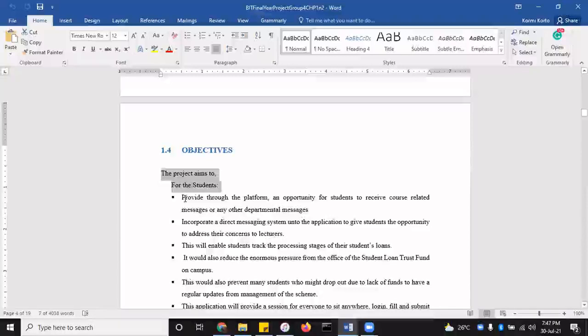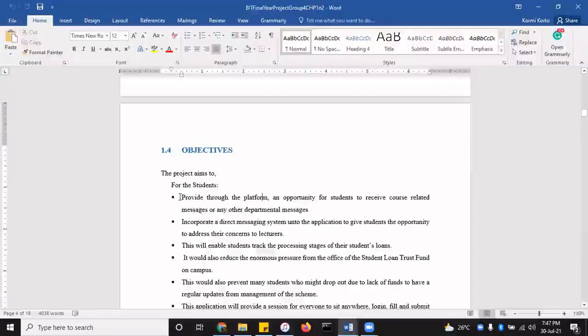Maybe to create a dynamic database. So let me go through this for instance. Obviously this is completely off, right? Okay, let's go through the bullet point over here. It says, provide through the platform an opportunity for students to receive course-related messages or any other departmental messages.